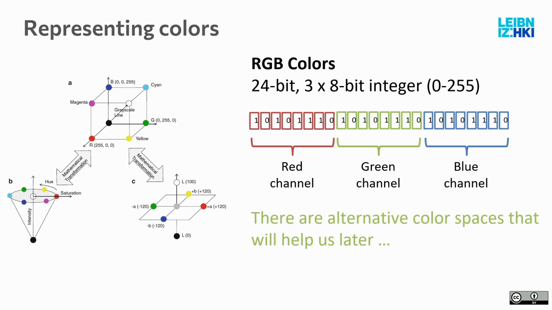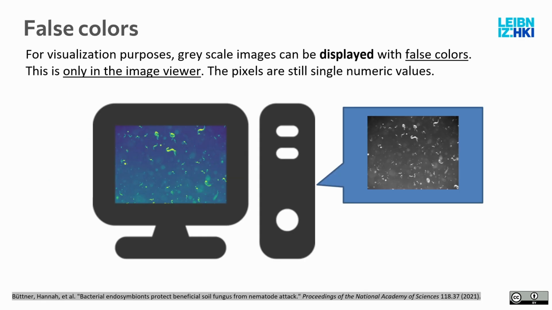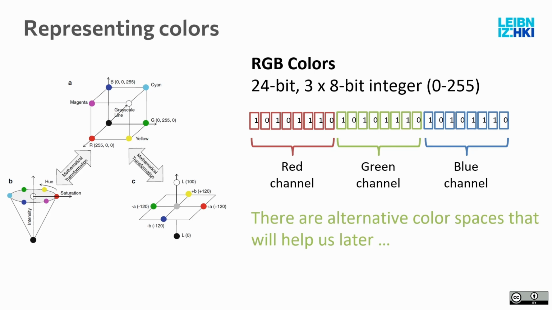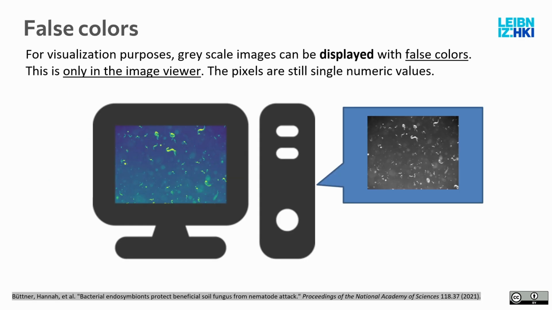So there are other ways how you can interpret this, and these I show you later at some point, because I will first go to false colors, which are related to color spaces.